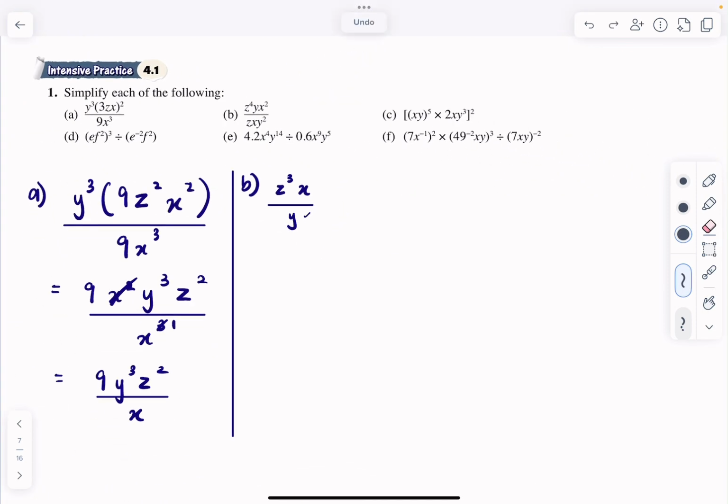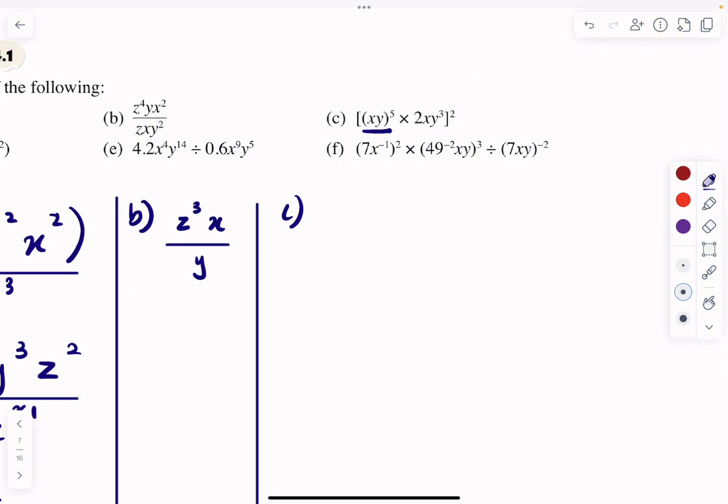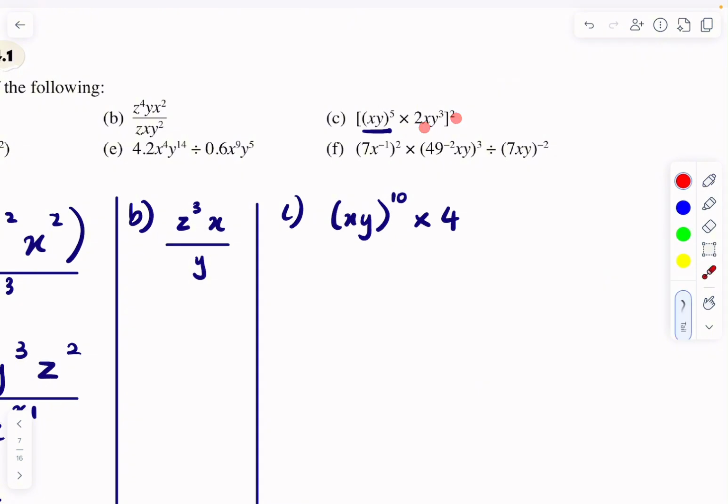All right, let's look at C. Here we have to square. So this whole thing we square means we will get x y power 10 times 2 we have to square, so we'll get 4, and then all of these we individually have to square.